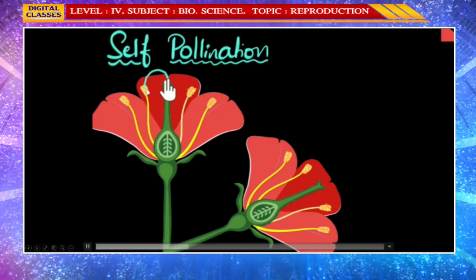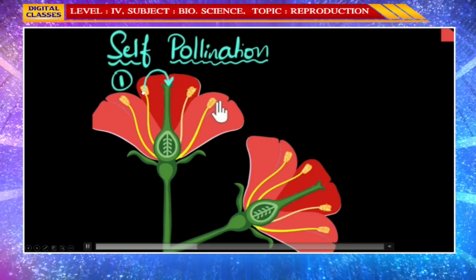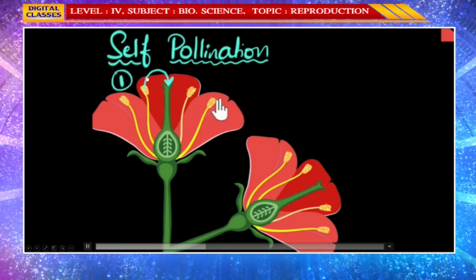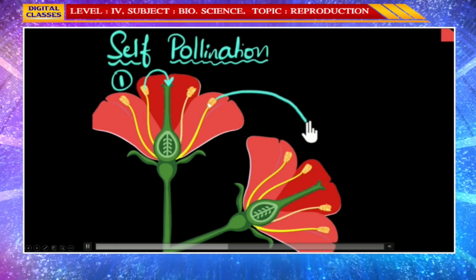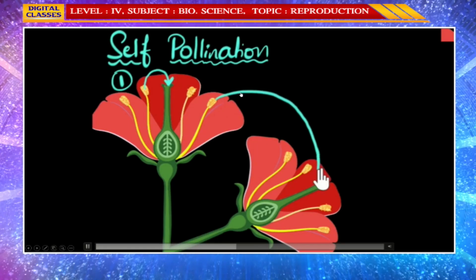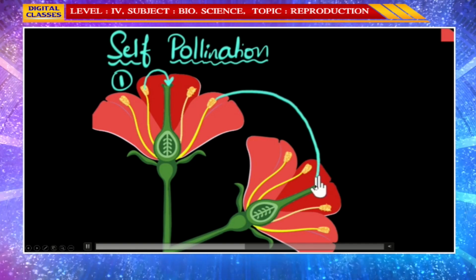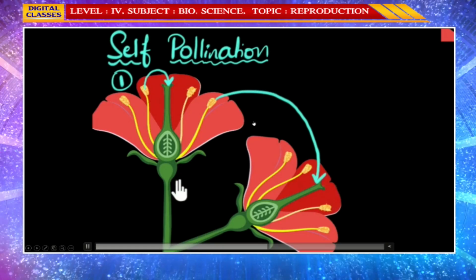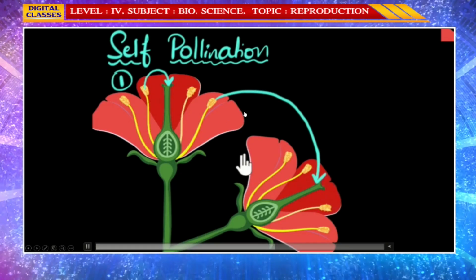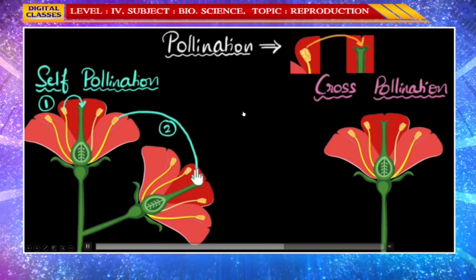Here you can see the pollen from this stamen is falling on the stigma of the same flower. Here you can see the pollen falling on the stigma of another flower of the same plant. This type of pollination is called as self pollination.